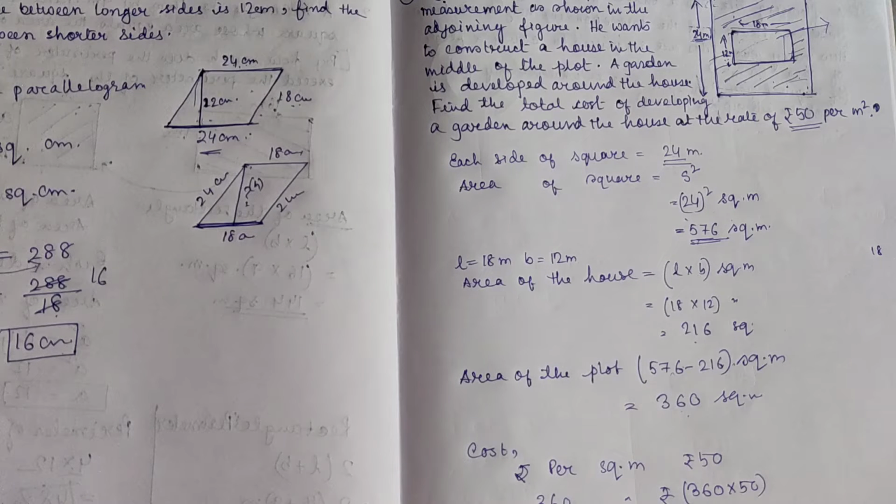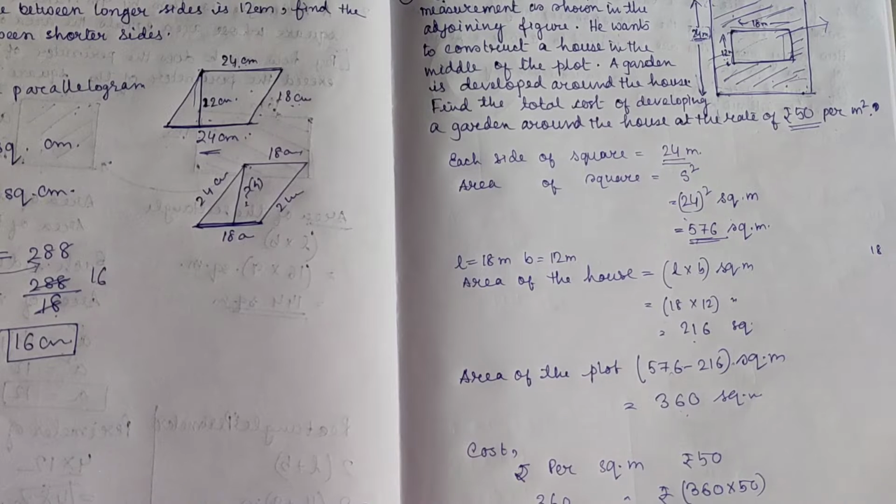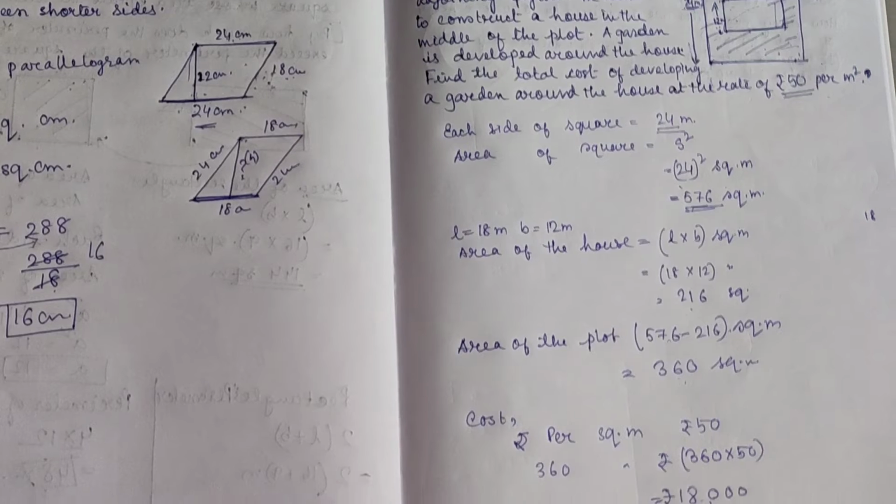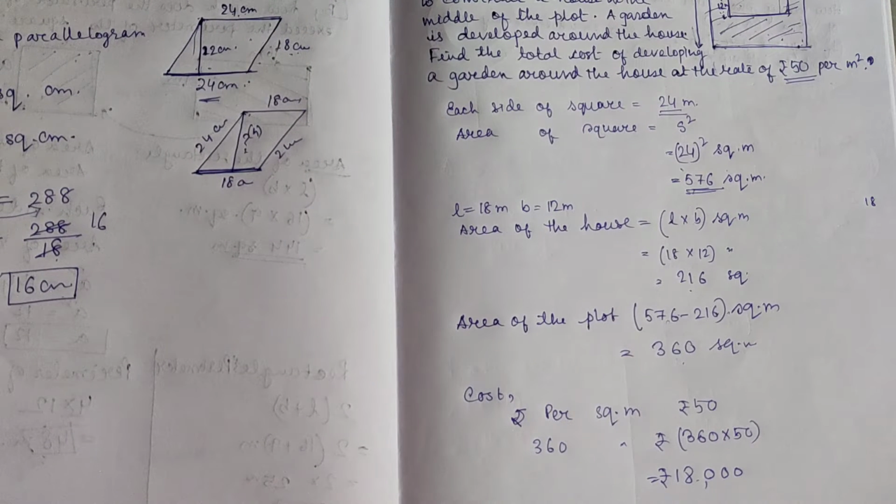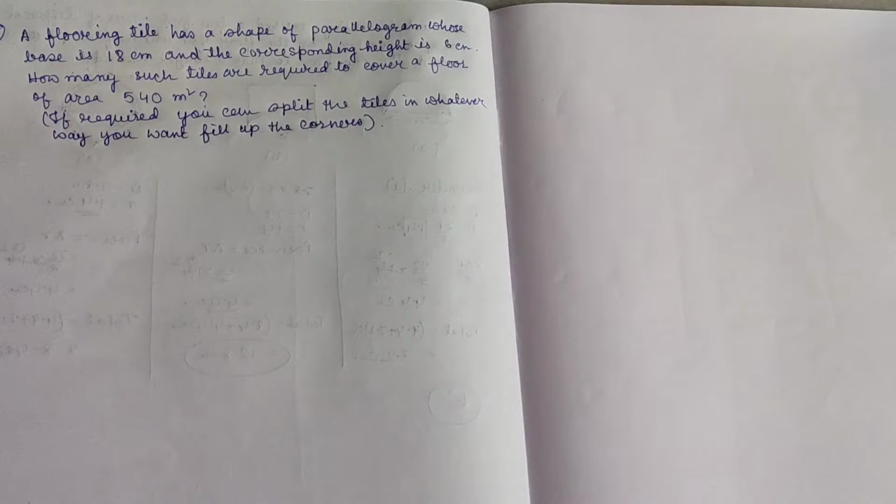So we have to multiply 360 into 50. That will be 18,000. So rupees 18,000 will be the total cost. This will be the answer of number 4. Number 4 is done.